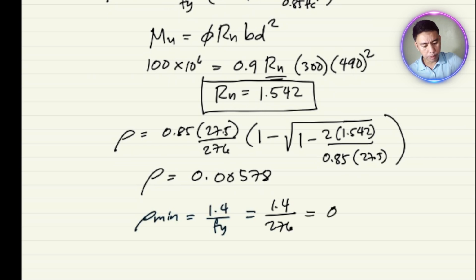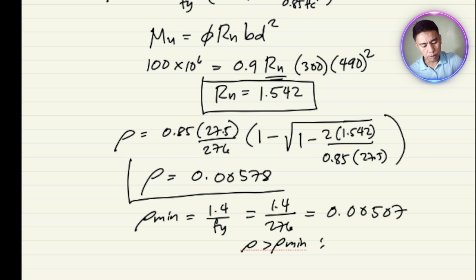This is equal to 0.00507. Okay, so our rho is greater than rho minimum.